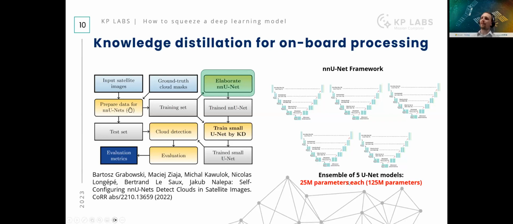On the one hand, we have a model that works very well. We know that it could segment the image accurately, but on the other hand, it is not useful in practice because it cannot be run or uplinked to the operating satellite.